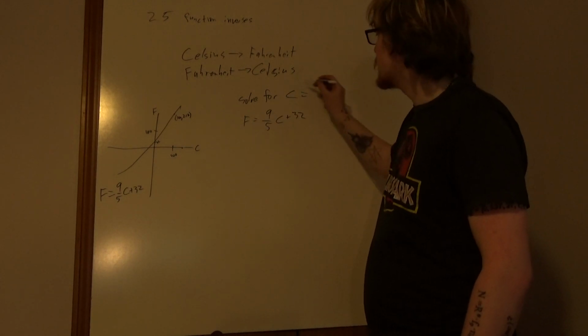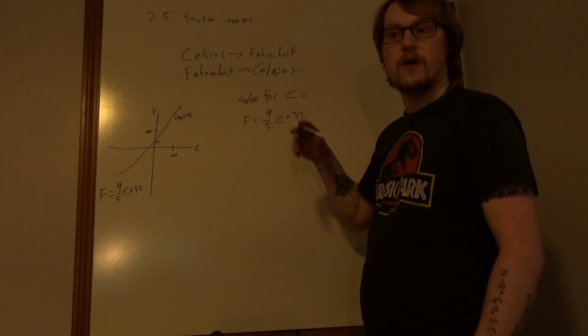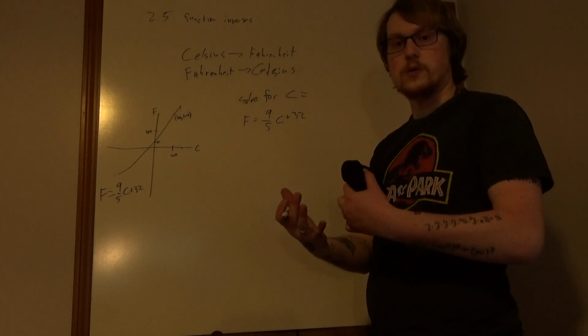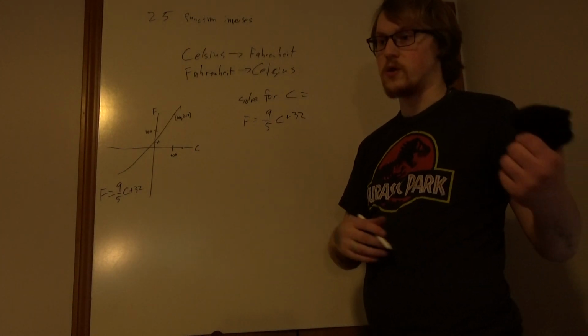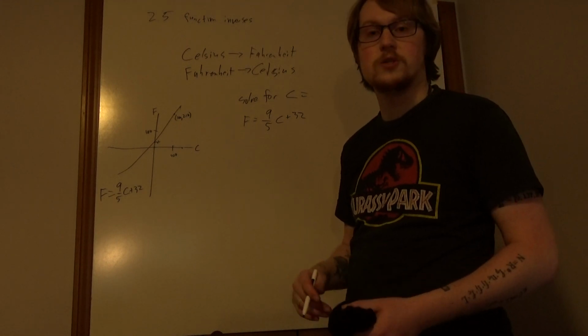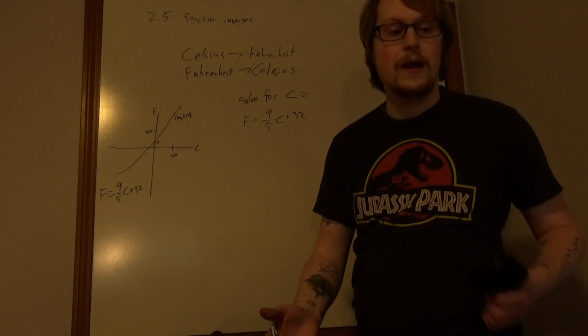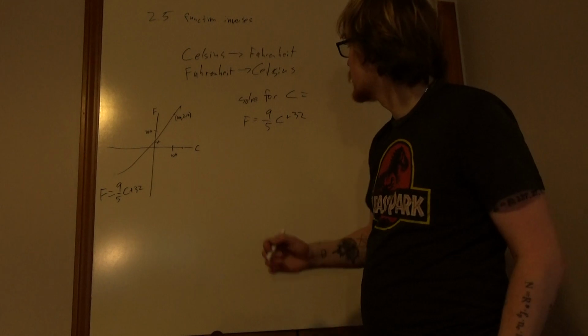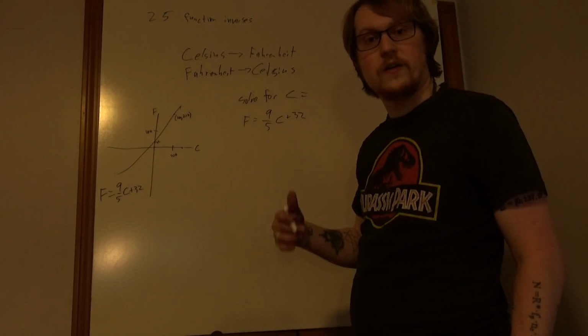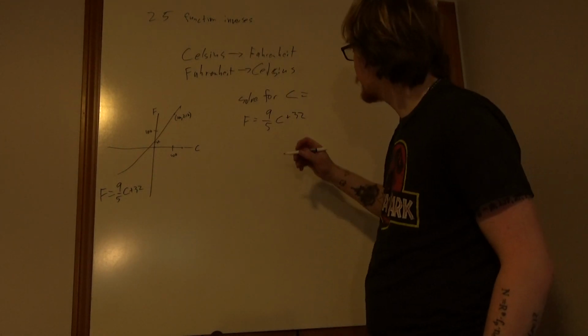So this thing that we get in the end is going to have F, we do something to it, and we get C. And that's exactly what we want. We want a function which takes an input in Fahrenheit and outputs it in Celsius. And so by solving for C, we do in fact find the inverse of this function.